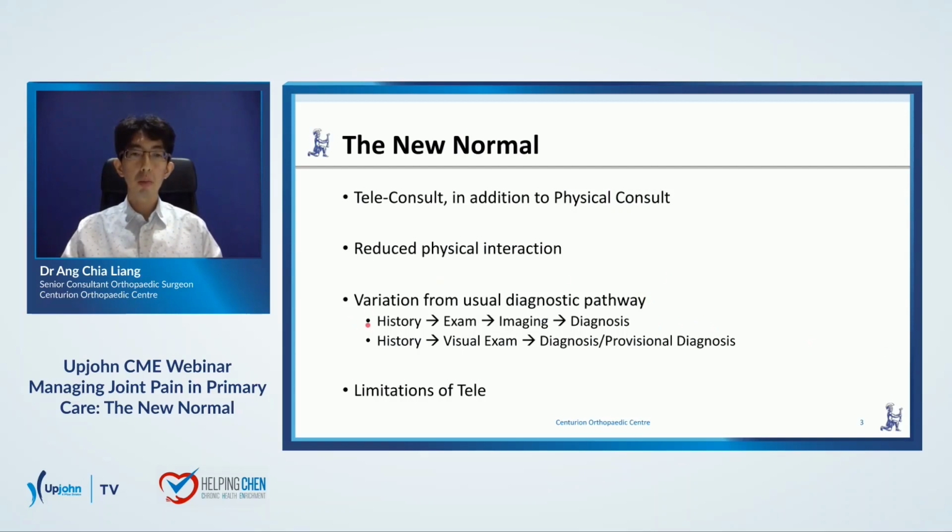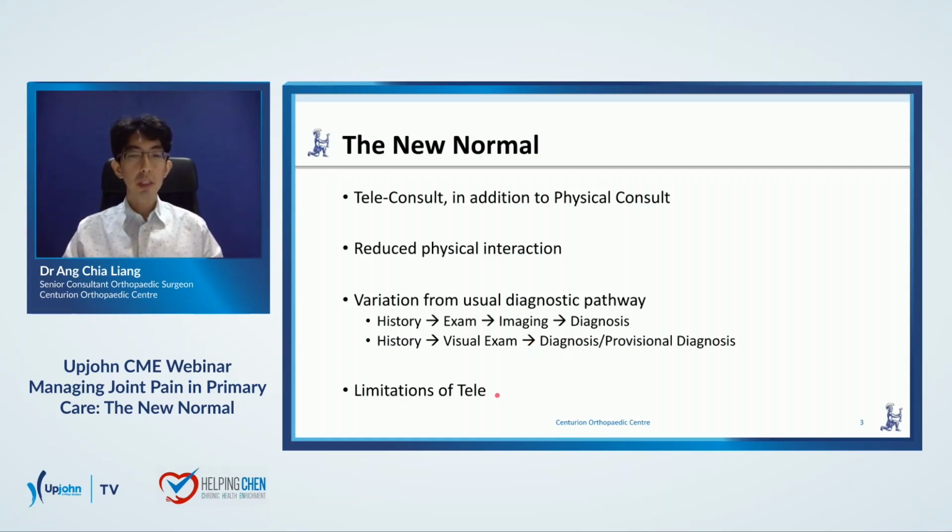If you can see the top row, this is the traditional pathway from history to examination to imaging and then diagnosis. In tele, you have to take a history and you can do a visual examination and you move on straight to your diagnosis, or sometimes provisional diagnosis if you're not able to come up with a confirmed diagnosis.